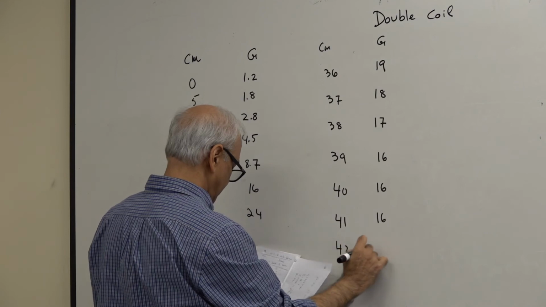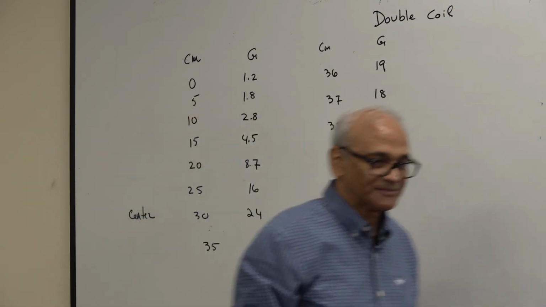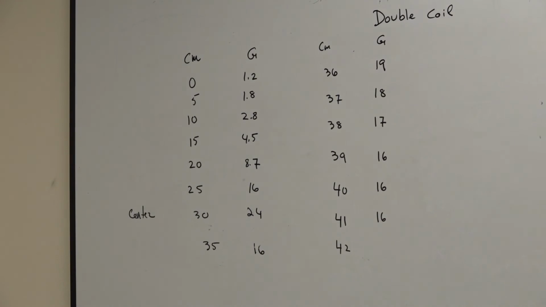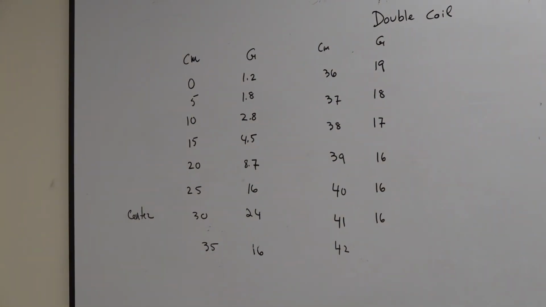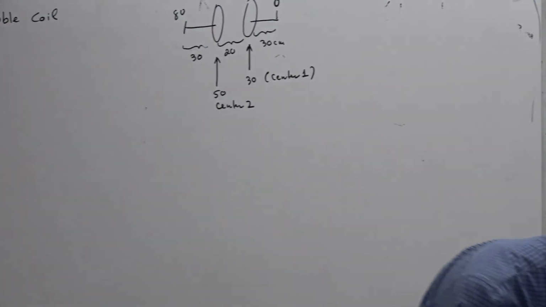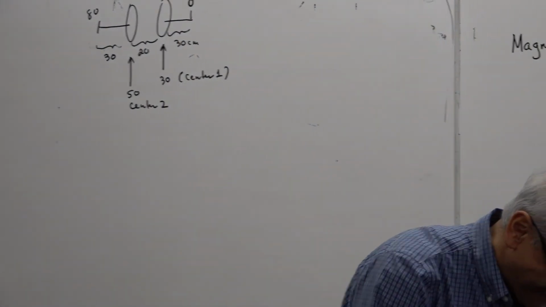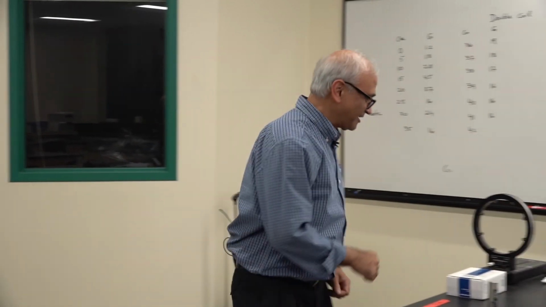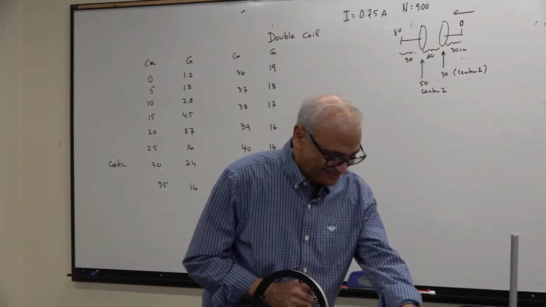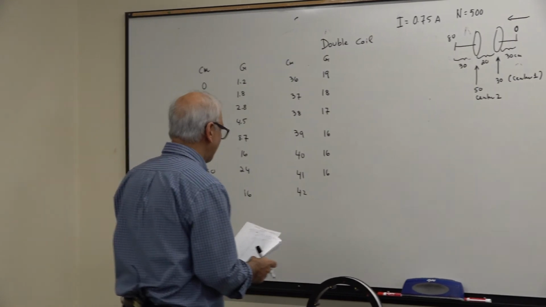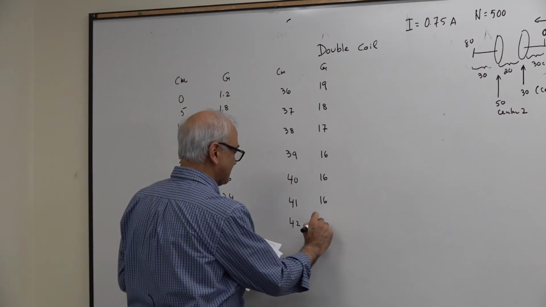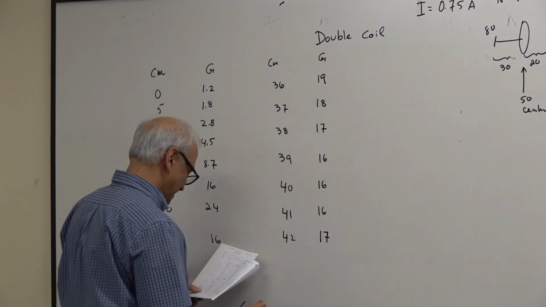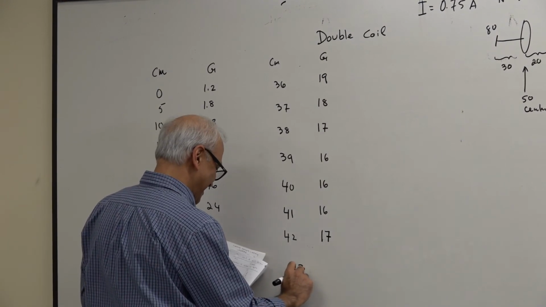42. My apologies. Where is it? Oh, this must be in here. My apologies here. All right, so 42 is 17, and 43 is 17.